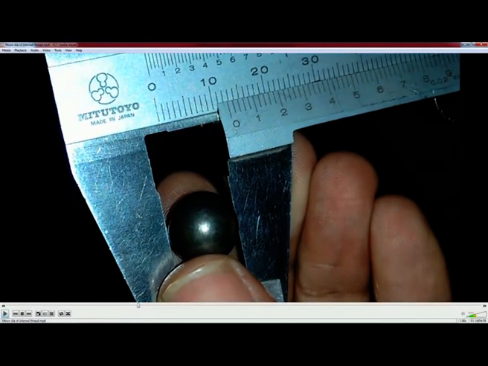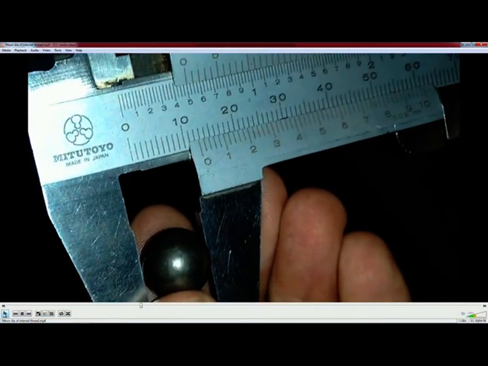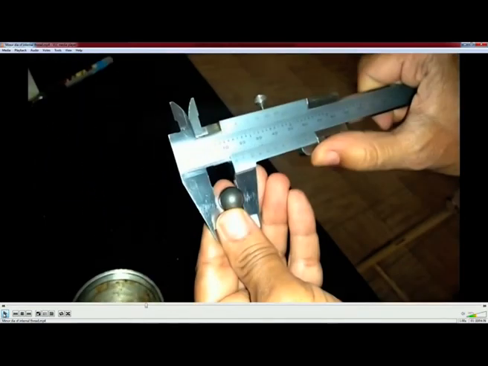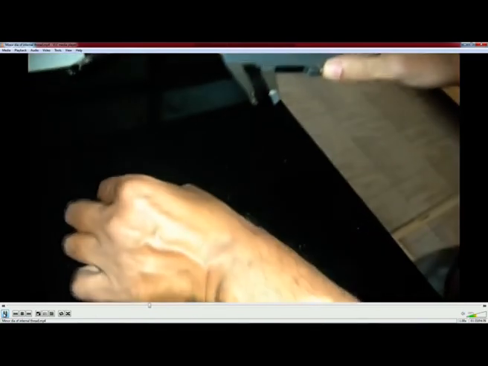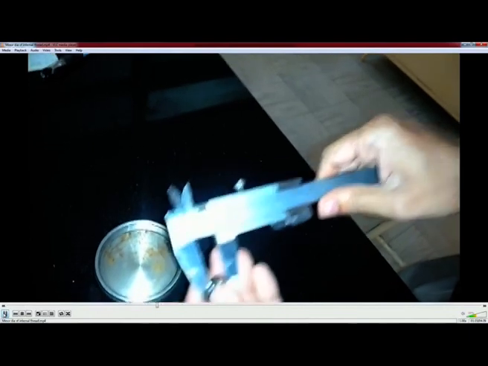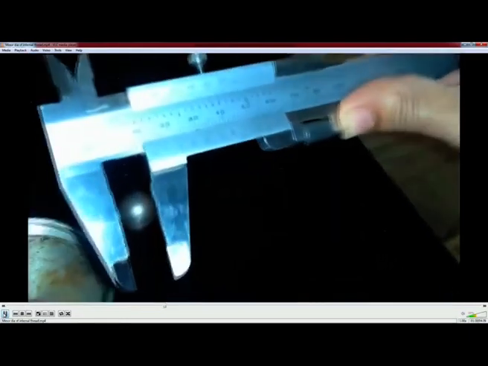We can see the steel ball diameter is 12 millimeter, and then we have to note down the vernier reading. The second steel ball diameter also should be measured to ensure that both have the same diameter.